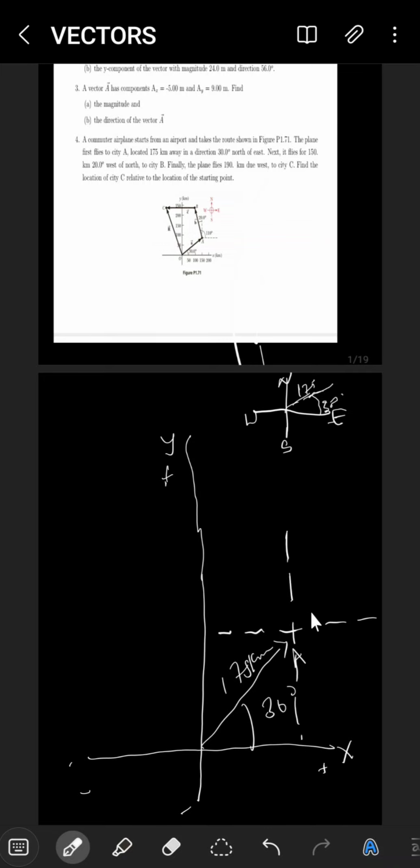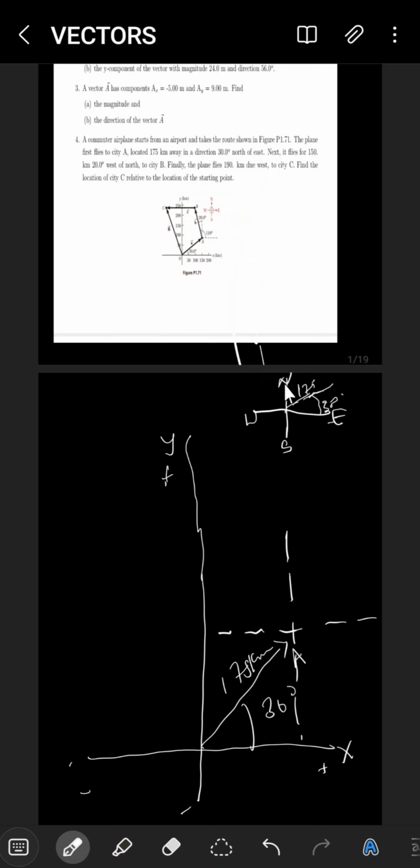This is where B is starting from. We use a coordinate system exactly at that point, while still following the rule head to tail, so its tail starts from there.